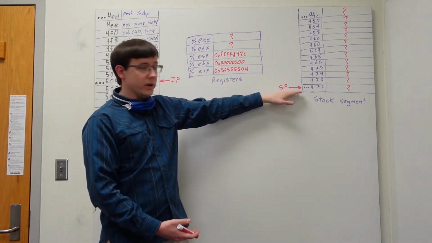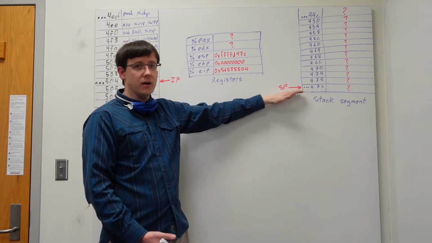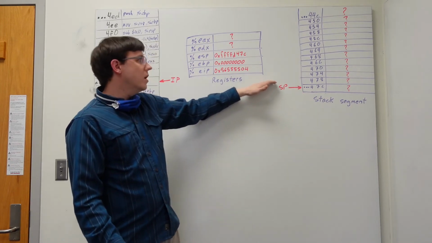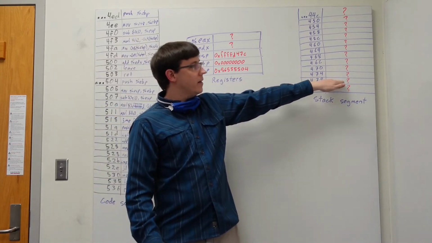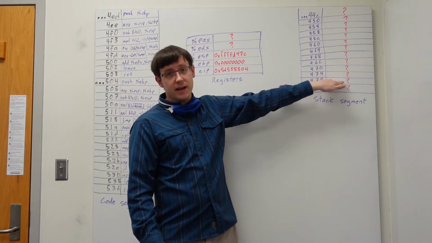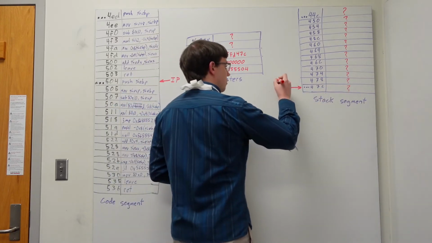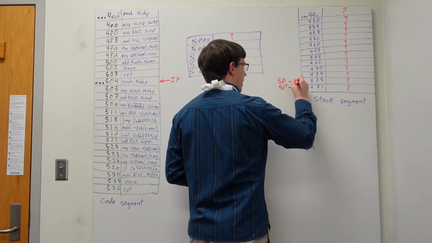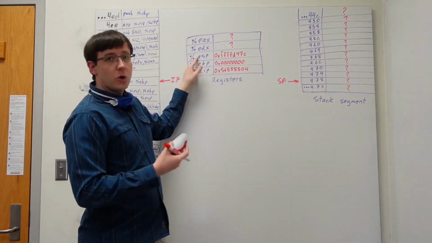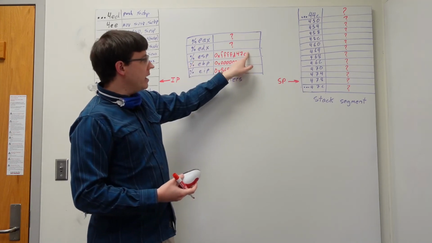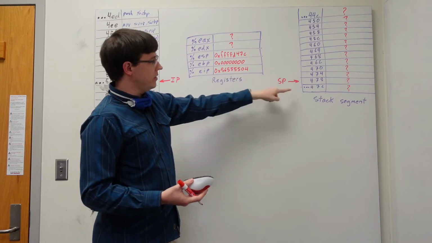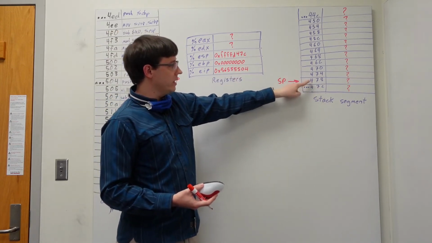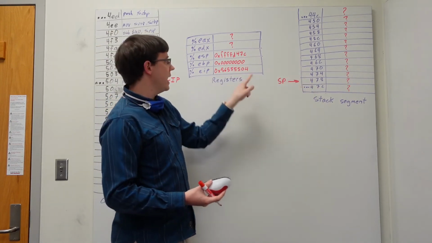So if the current top of the stack is here, then we need to move the stack pointer up by 1 and put the data at the new top of stack location. So moving the stack pointer up by 1 corresponds to adding 4 to the value that is stored in the stack pointer register, so that it is now storing this address that ends in 478.